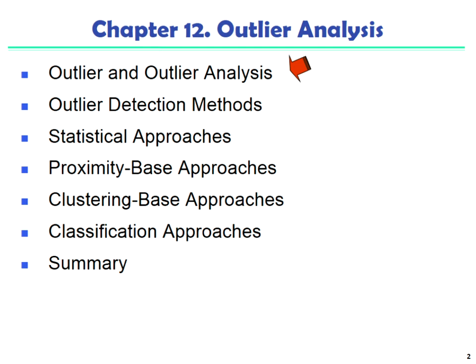A data set may have multiple types of outliers, and one object can belong to more than one type of outlier. In other words, the same object can be considered at the same time, for example, collective and global.